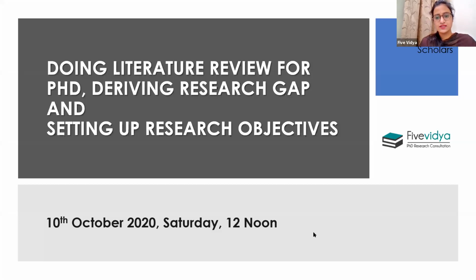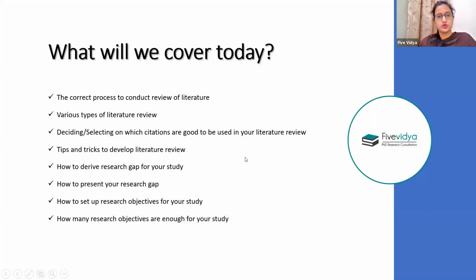In today's webinar, we are going to cover what is the correct process to conduct a review of literature, what are the various types of literature reviews, how you can decide which citations are good to be used in your literature review and which citations are not good.